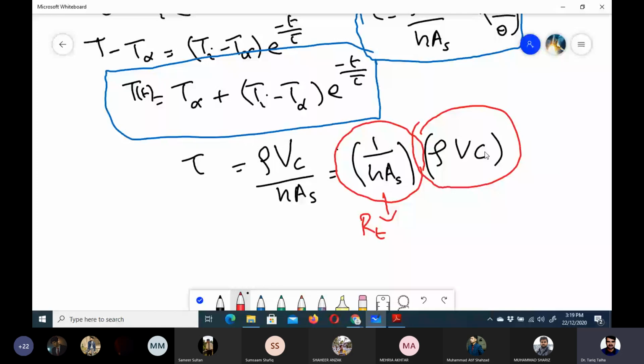That is our CT, which is called thermal capacitance. And this is the thermal convection resistance of the surrounding fluid. We know that.